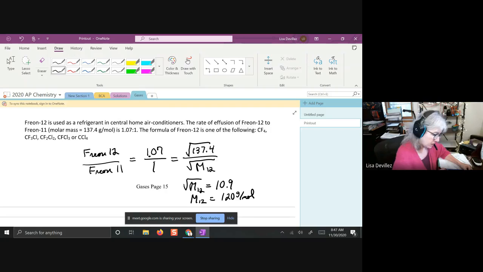No, 3 is going to be too many. Maybe that one has 2. So 2 chlorines and a carbon and a fluorine. Nope, that one's about 102. So maybe it is. Let's see if I have 3.